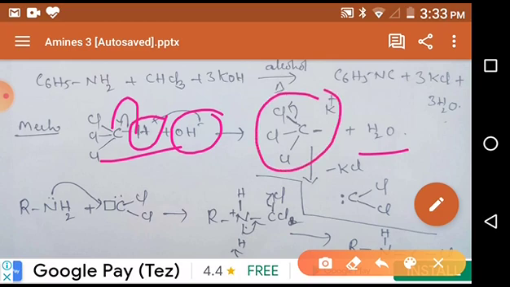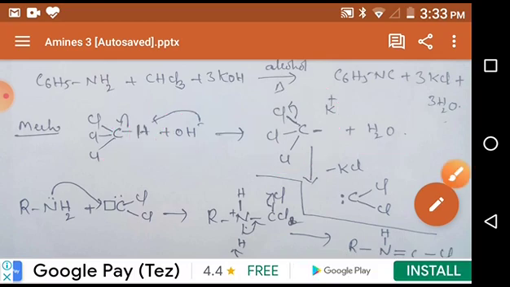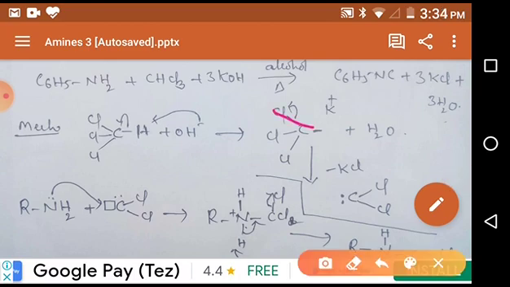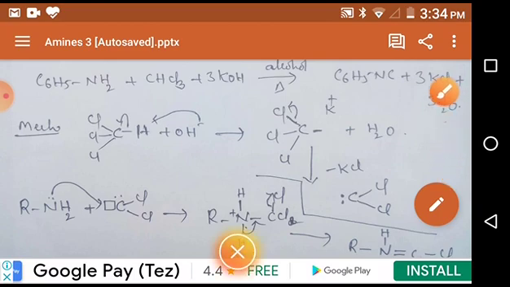So chloroform loses a proton, forming CCl3 minus. This CCl3 minus leaves one Cl minus to the K plus. So one Cl leaves as Cl minus. That's why you get dichlorocarbene. This is a very reactive intermediate. It is a neutral electrophile. What is an electrophile? A species with electron deficiency.